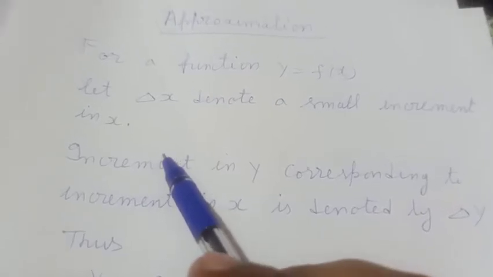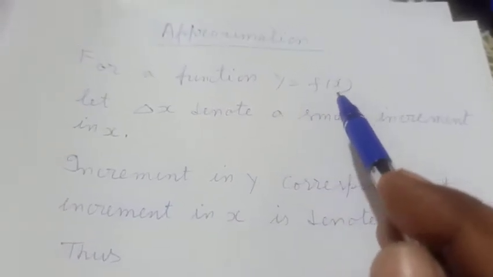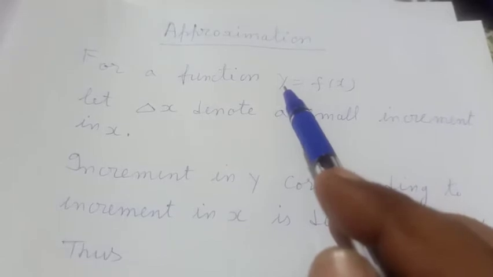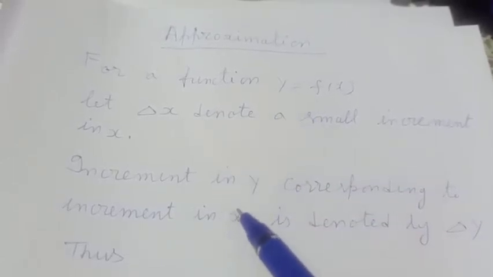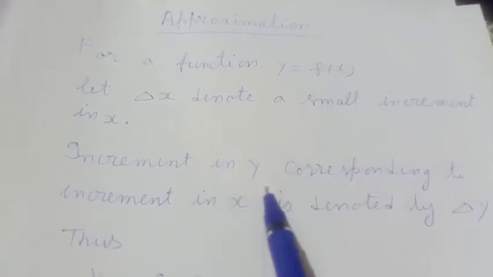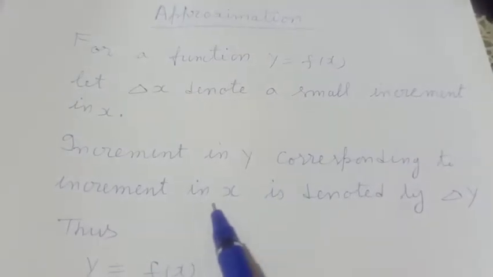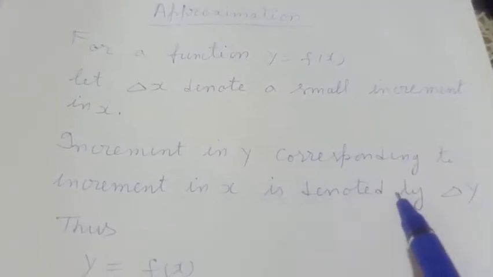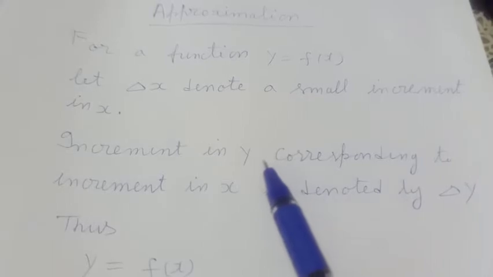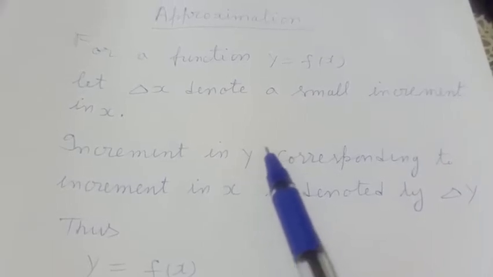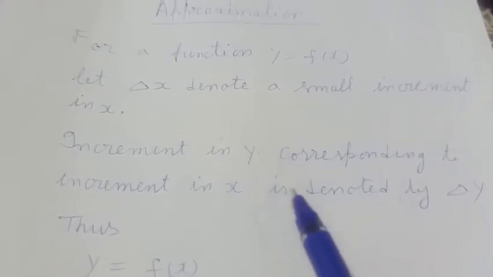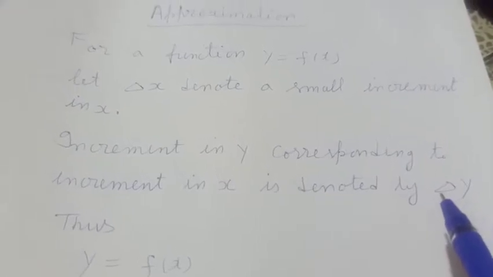Now if we change x, then there will certainly be a change in y. So the increment in y corresponding to the increment in x is denoted by delta y. Whatever change occurs in y, we denote it by delta y.